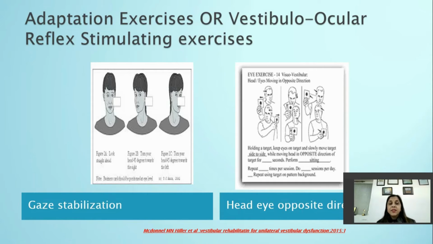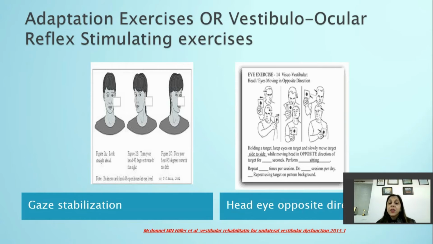Now, the second form of exercise is head-eye coordination. Initially, head-eye coordination in the same direction, but when the patient becomes expert in this exercise, then we shift the patient to head-eye in the opposite direction. So what to do? We hold a target, keep the eye on the target, and slowly move the target side to side while moving the head initially in the same direction as the target, but later in the opposite direction.